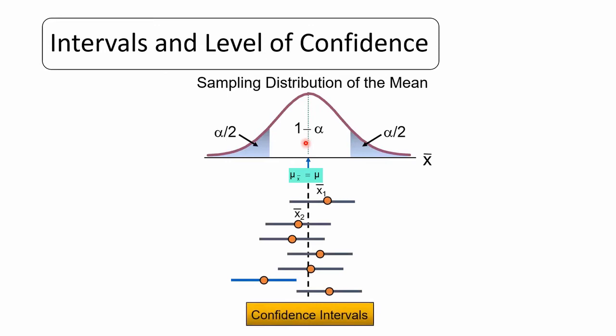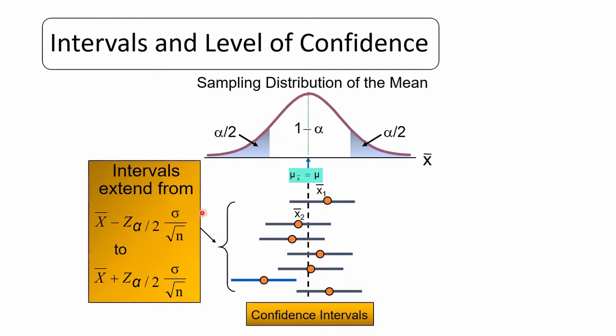And here you have several confidence intervals, and the intervals extend from these two values. Remember, the equation pertaining to confidence interval for population mean is given by x bar plus or minus z alpha over 2 times sigma over root n. So the values range from this value x bar minus to x bar plus this value.